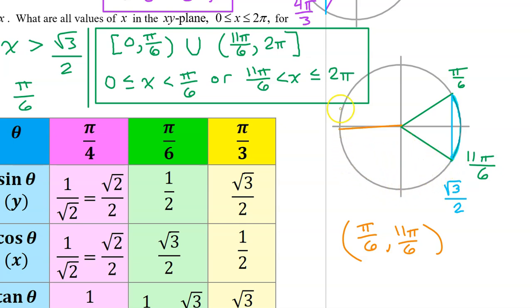So we're actually now describing this interval. And this is the interval where the horizontal displacement is less than radical 3 over 2, not greater than. So this would be exactly the wrong answer. So you have to do it this way. 0 to pi over 6, rotate around, and then 11 pi over 6 to 2 pi.